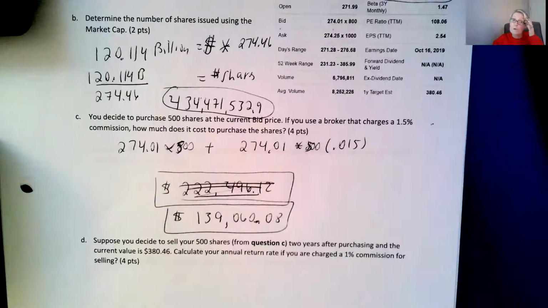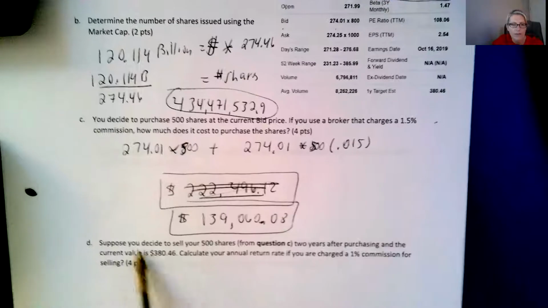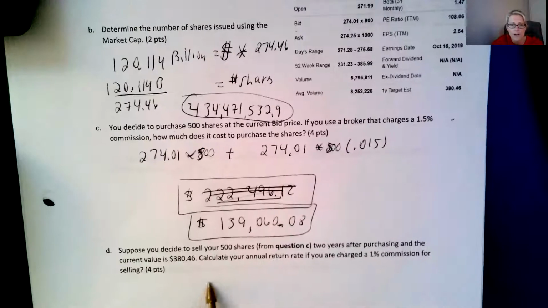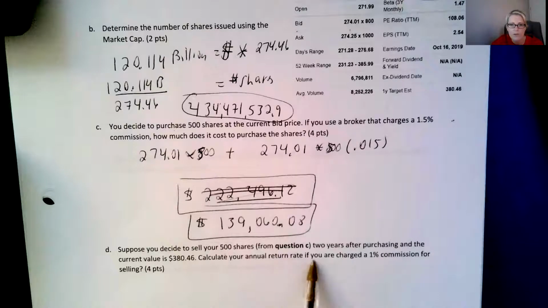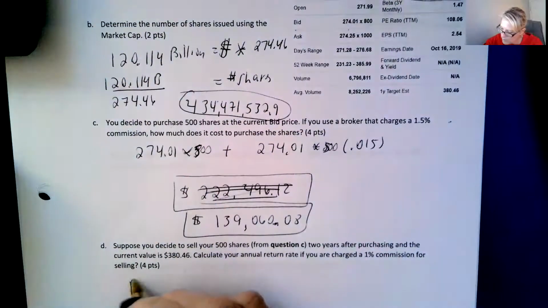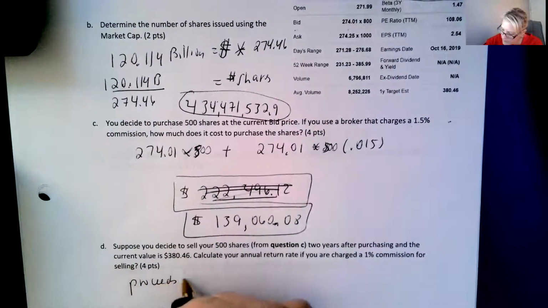Okay, so now suppose you decide to sell your 500 shares 2 years after purchasing, and the current value is $380.46 a share. Wow, that's a lot. It went up. Calculate your annual rate of return if you are charged a 1% commission for selling. Okay. So first we have to find the proceeds.